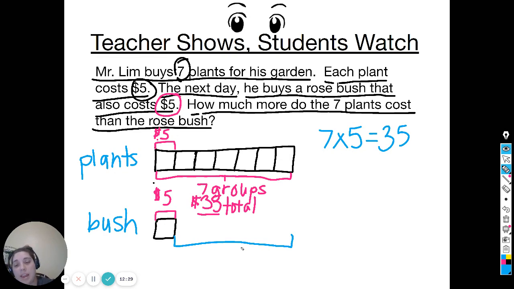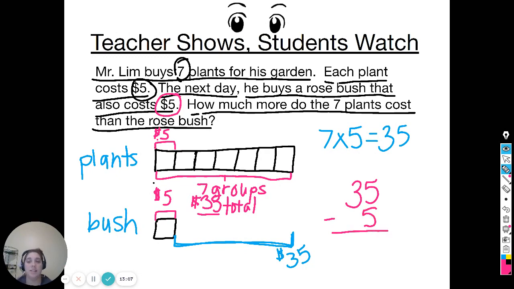So we know that if he had gone all the way to here, he would have spent $35, right? Because we figured that out up here, that if the tape diagram goes all the way to this end here, that's $35. But he didn't spend that $35, he only spent $5, which means that we have to take that $35 and take away the $5 he spent on the bush, and that will tell us how much more the plants cost than the bush.